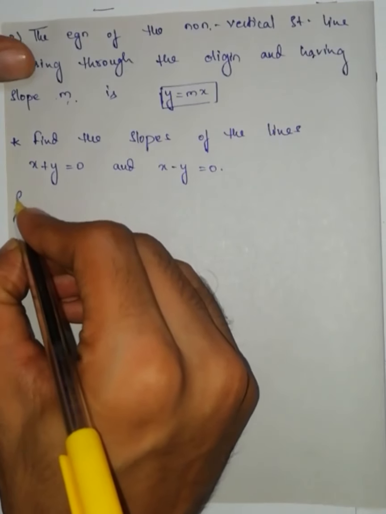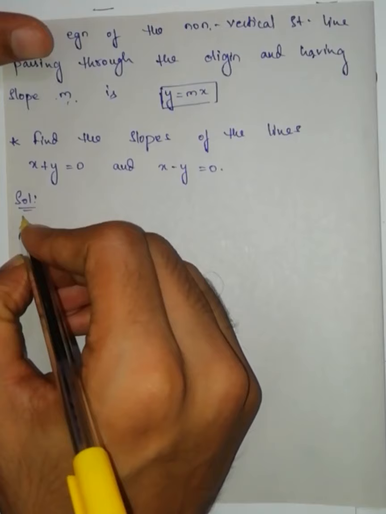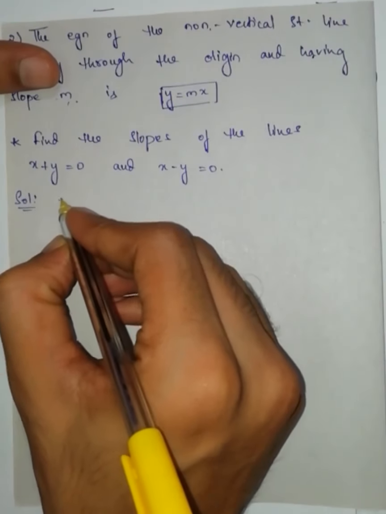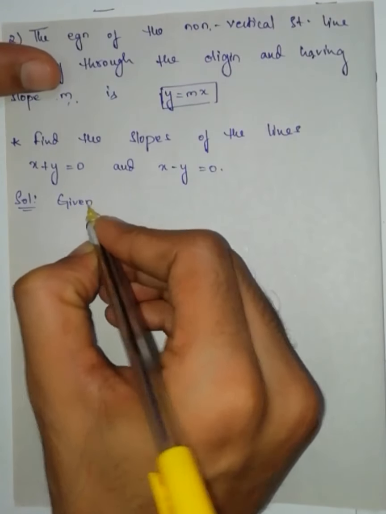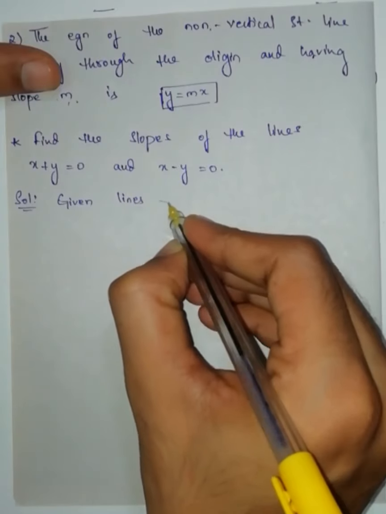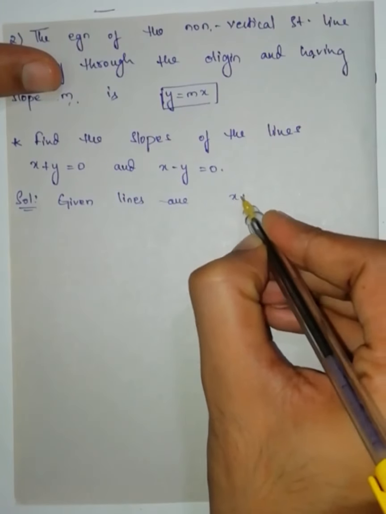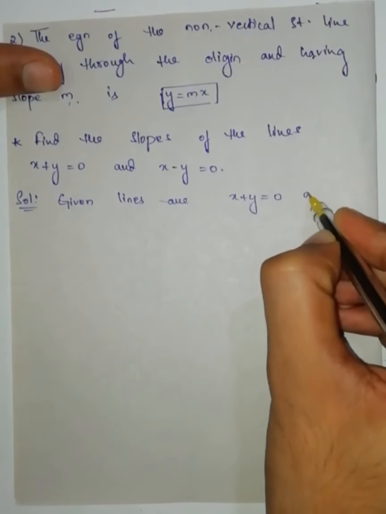Solution. Given lines are x plus y is equal to 0 and x minus y is equal to 0.